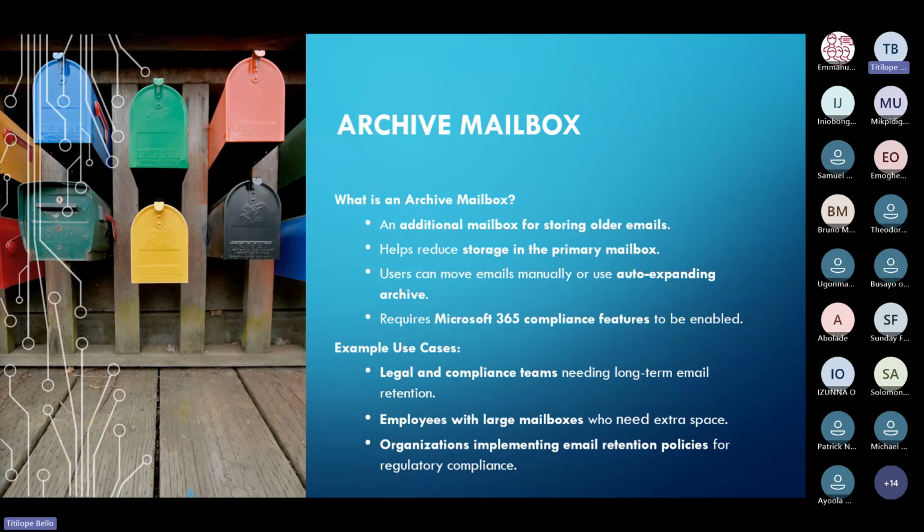So what some organizations used to do is, when the primary mailbox is filled up, they will go into their mailbox and start deleting emails, even though those emails are important. It's not advisable to just start deleting mail just because you want to create some extra space in your mailbox, right? So the best approach of managing that is to configure archive mailbox for the user.